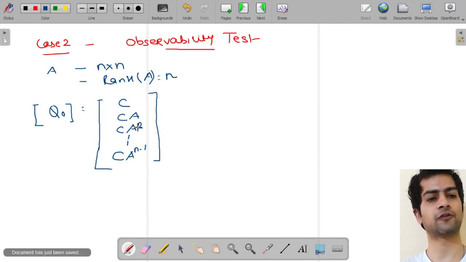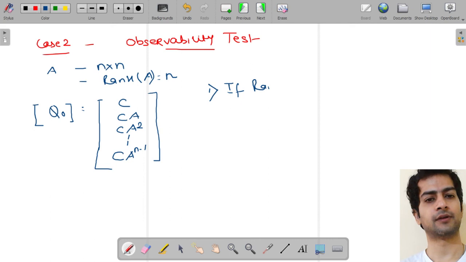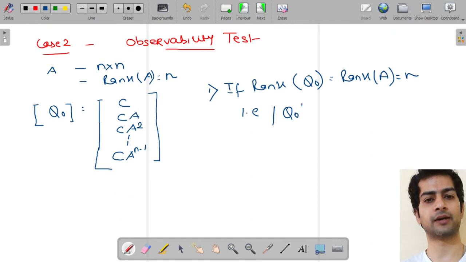Now again, same thing. If rank of observable matrix is equal to rank of A is equal to n, that is, if determinant of observable matrix is not equal to 0, then we say that our system is observable.